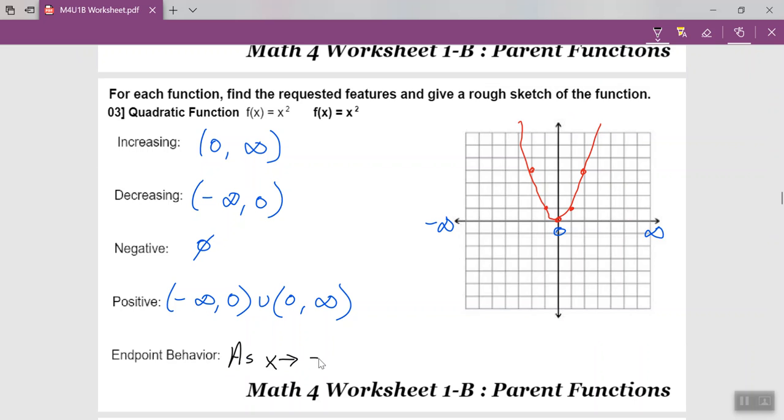As x approaches negative infinity, it goes to the left, y is going up. And as x is going toward positive infinity, y is also going up. It's going up in both cases. All right, now I'm going to pause here and pick up the other problems in the next video.